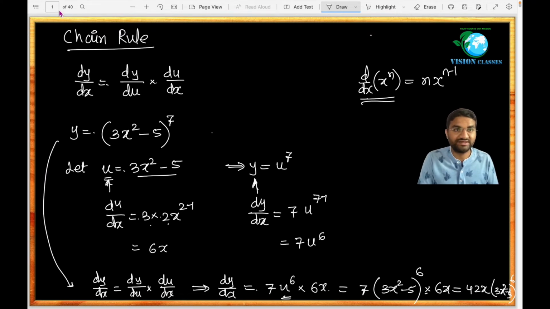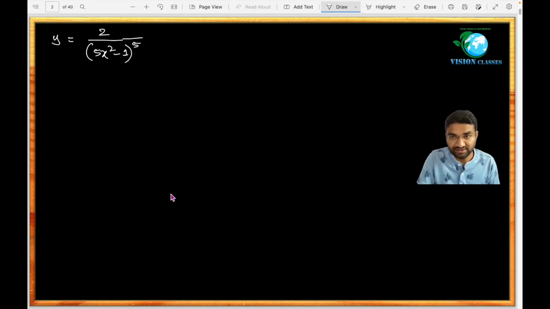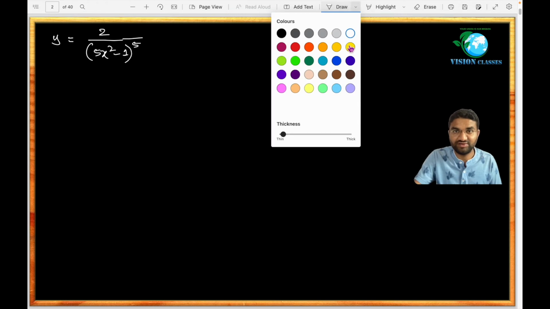So here let's say you have another example, y is equal to 2 over (5x square minus 1) raised to 5, fine? Now in this case again you have to take this part to the numerator. Firstly simplify this one.